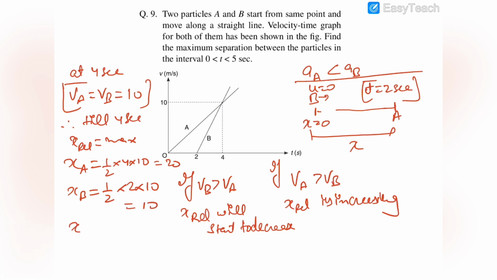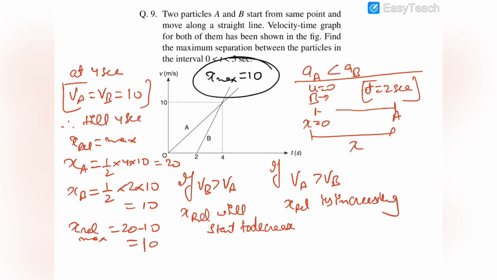So x relative maximum will be 20 minus 10, which is 10. So the maximum separation between them would be 10. So the correct answer is x max is equal to 10.